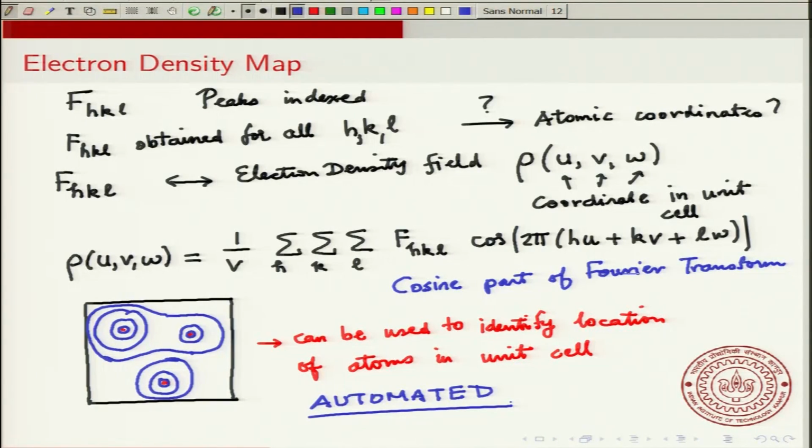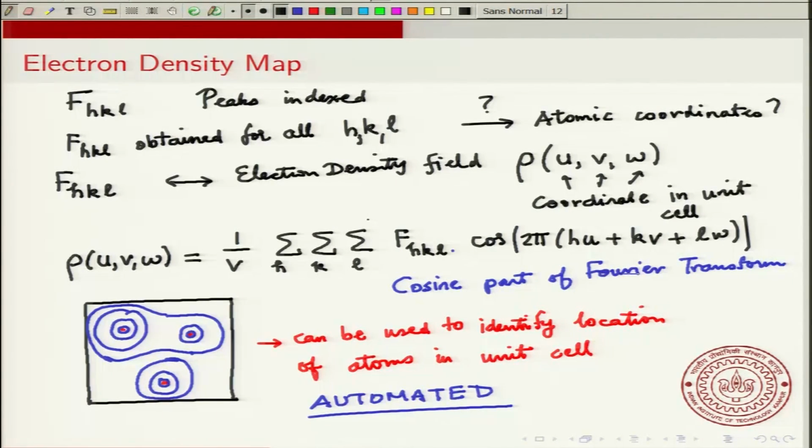Now, one of the things about the electron density map is that you need to know the F of HKL with a sign. So, for the F of HKL you need to know whether it is positive or negative. But if you look at the X-ray diffraction pattern, you only see a positive sign of F of HKL.